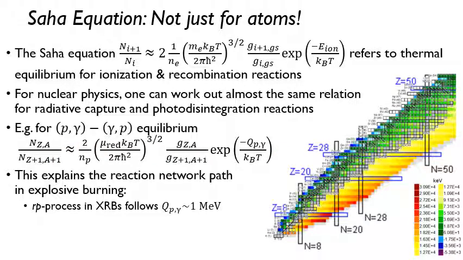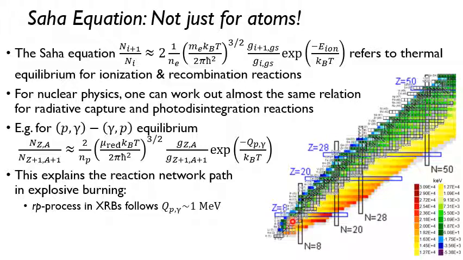And this actually explains why in explosive burning scenarios, your nuclear reaction networks follow certain paths. So for instance, what's shown here is the chart of the nuclides. Each box has a different isotope, so a different number of protons and neutrons. Number of protons increases in the vertical direction, number of neutrons increases in the horizontal.